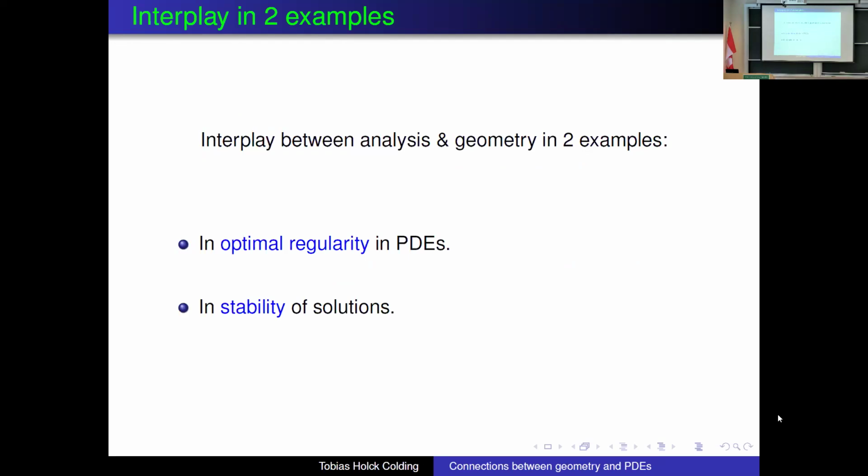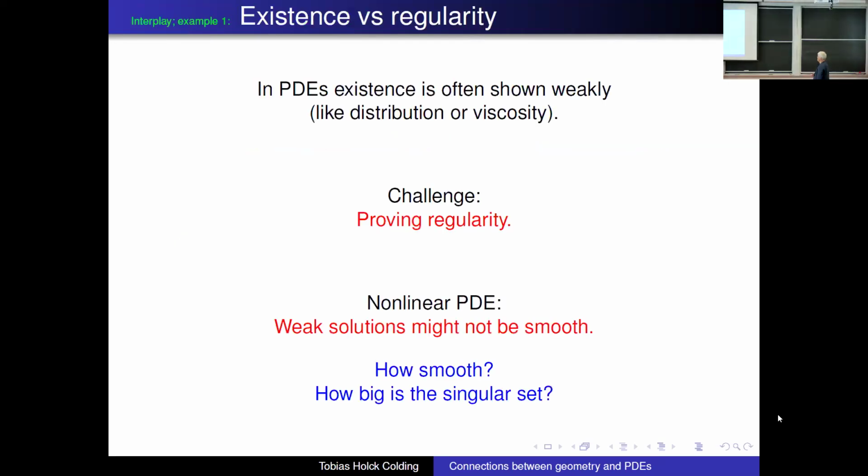The interplay between analysis and geometry that we will look at is in two examples: optimal regularity in PDEs, and stability of solutions. The second topic is related to what Rick was in part talking about, and the first is more about regularity in PDEs. In PDE, existence is often proven in a weak sense, in the distribution sense or in the viscosity sense.